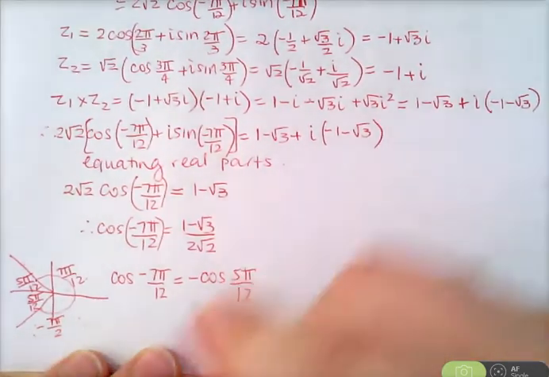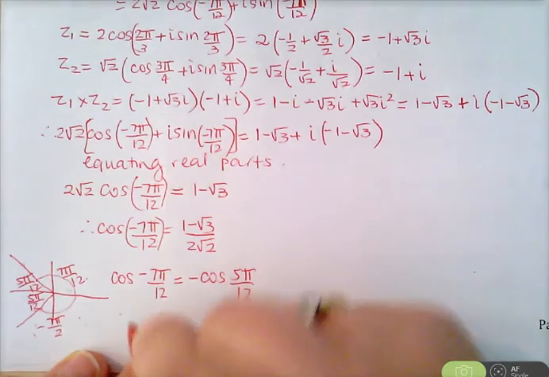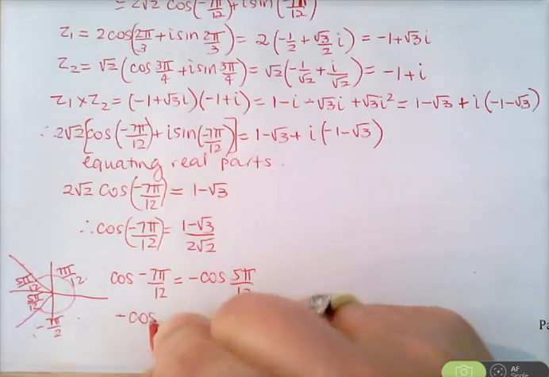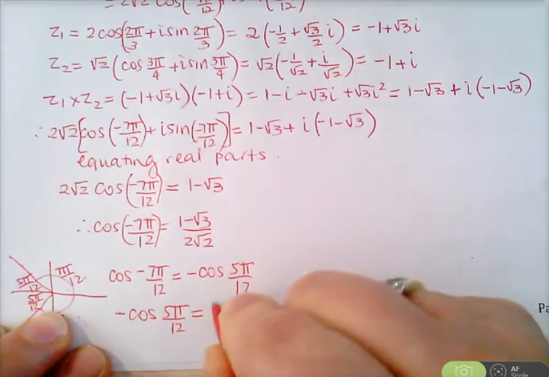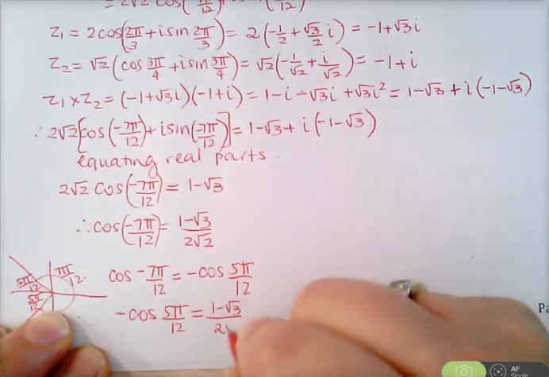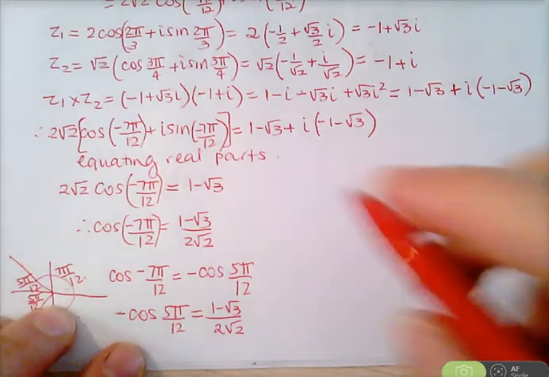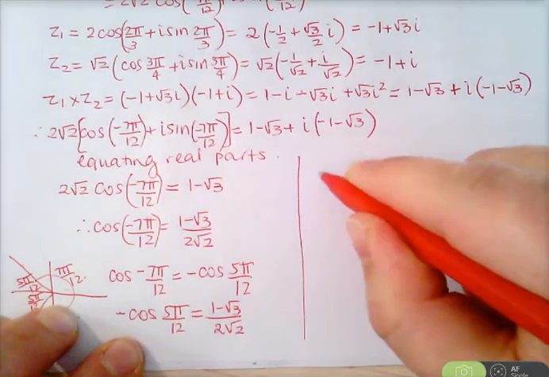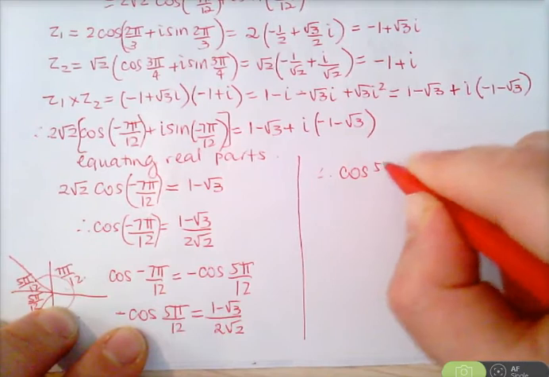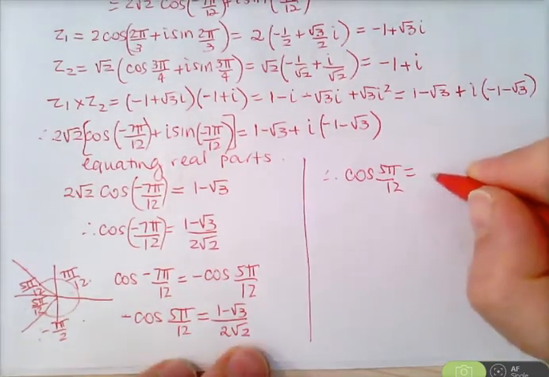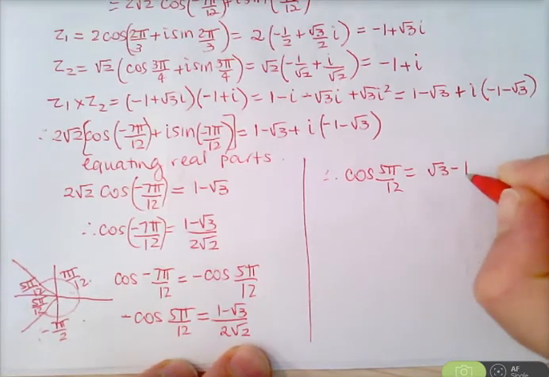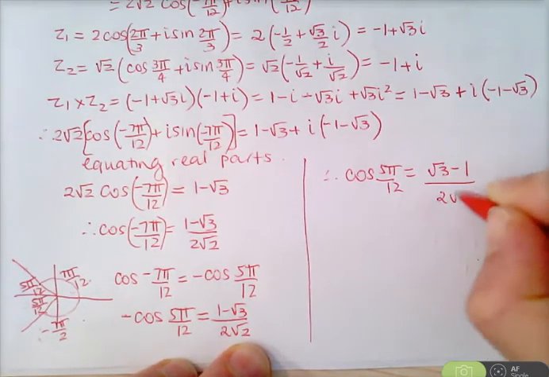So therefore, I can say that minus cos of 5 pi on 12 is equal to (1 minus root 3) over 2 root 2. And so cos of 5 pi on 12, just multiplying the other side by negative 1, would be (root 3 minus 1) over 2 root 2.